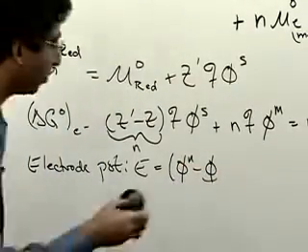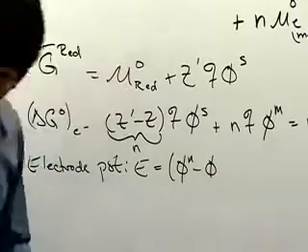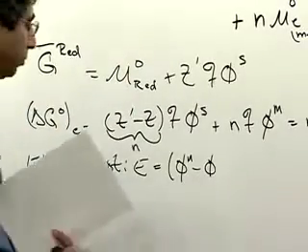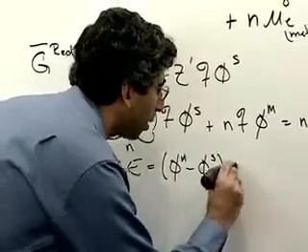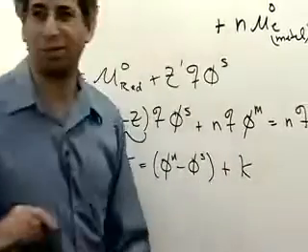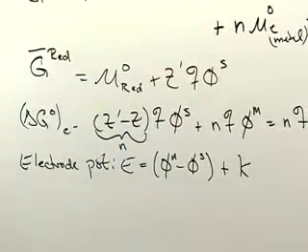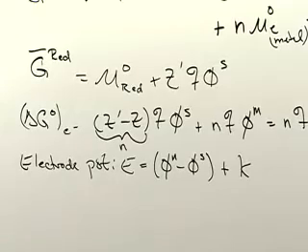So that difference in potential, plus I have to throw in a constant here, because we all have a different idea about what the zero of energy ought to be. So in other words, this is a relative difference.